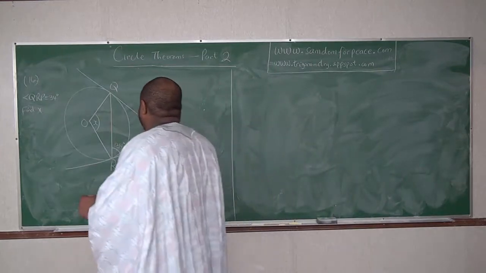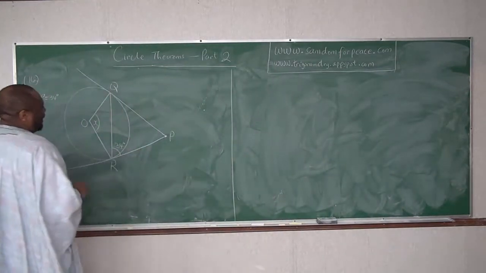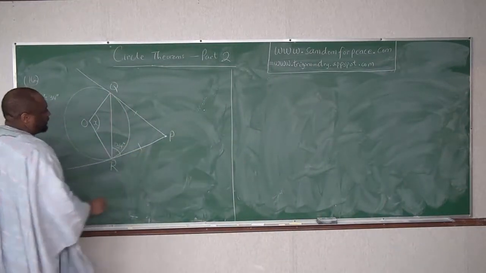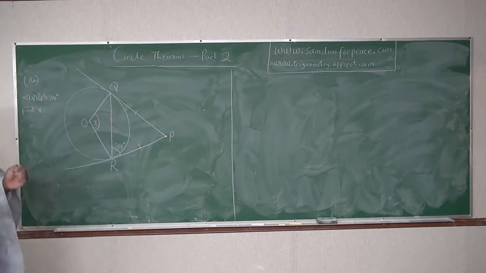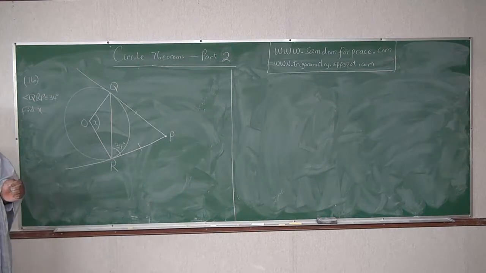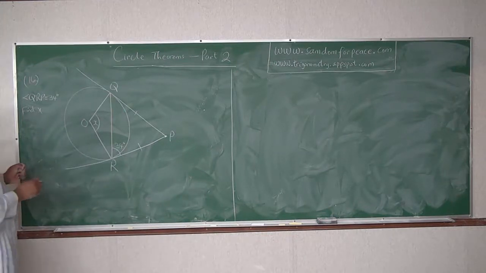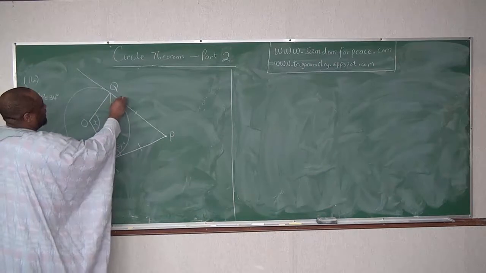We know that this is congruent to this, drawn from the same external point. The theorem: two tangents drawn from the same external point are equal in length. So this means that this is also 34 degrees.